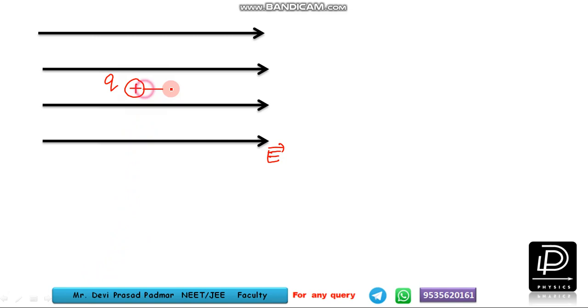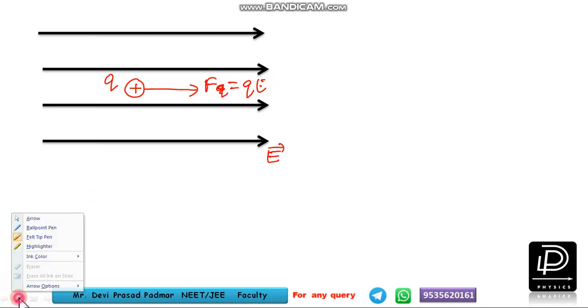Therefore here the electrostatic force will be in this direction, QE, correct? The electrostatic force is acting in the direction of the field, so we can take the force along this direction.